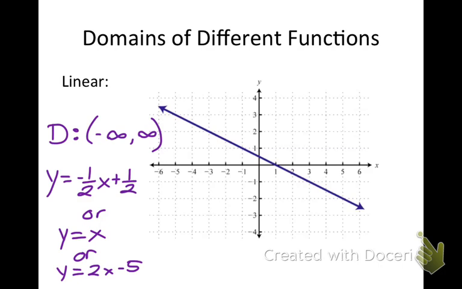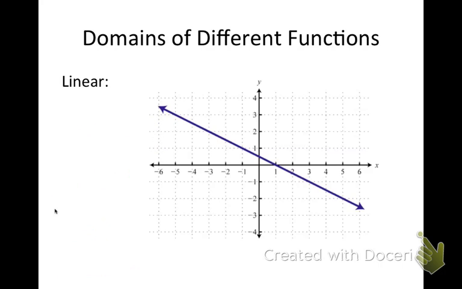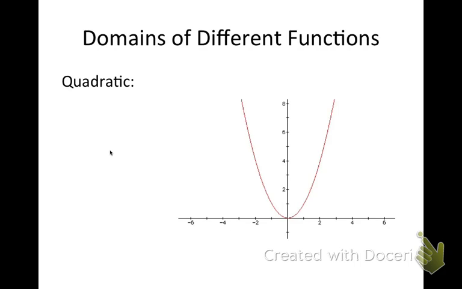All right, quadratic functions. What does a quadratic function look like? A parabola, right? Y equals x squared. So it's a parabola, the u. So quadratic is our parabola. So y equals x squared.